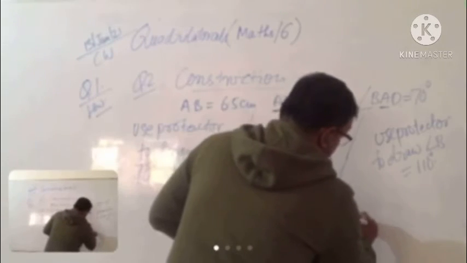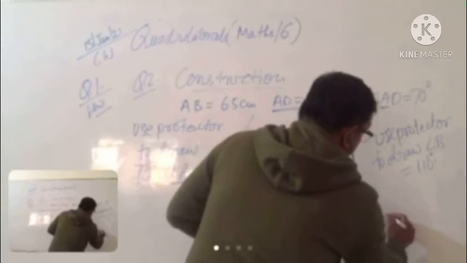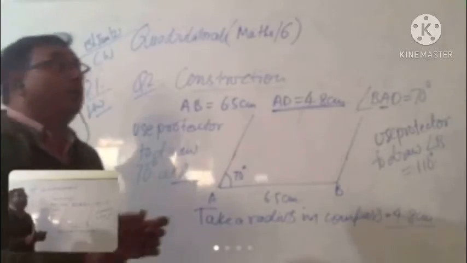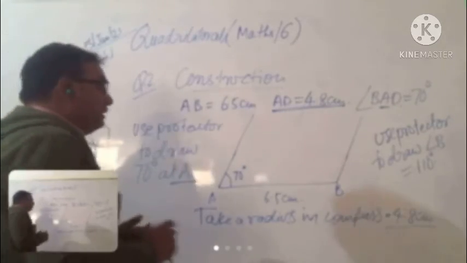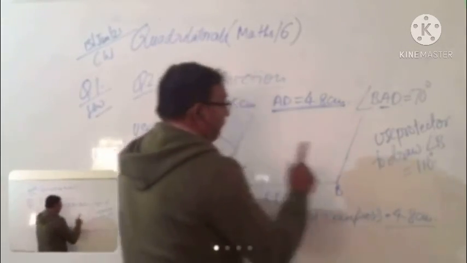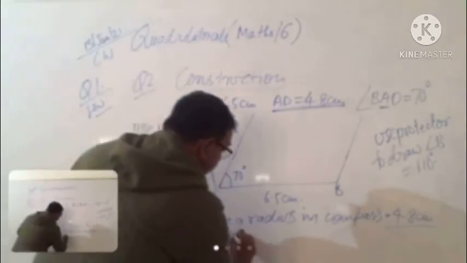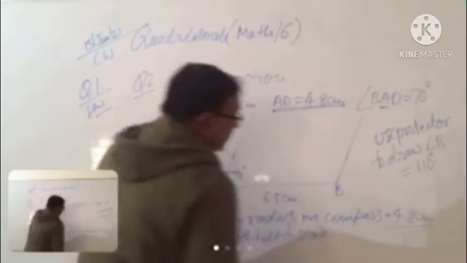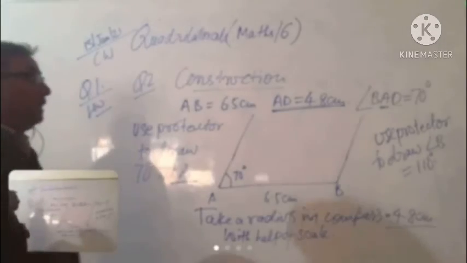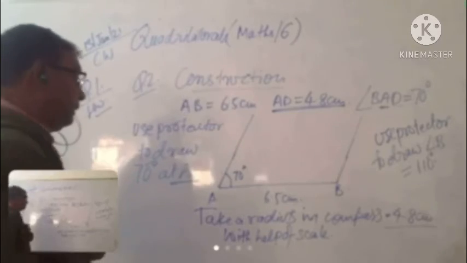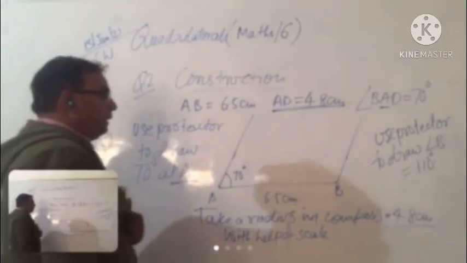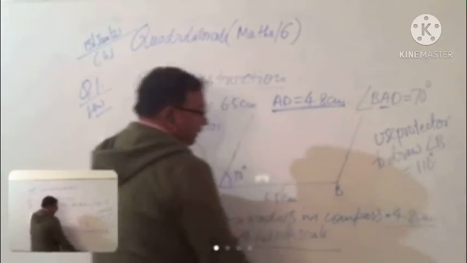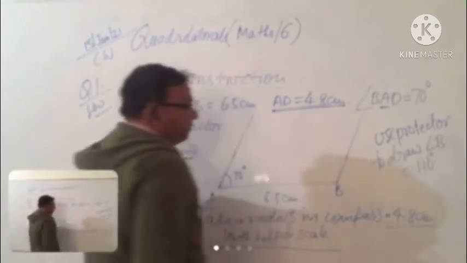Compass is required to draw 4.8, so take a radius of 4.8 in the compass with the help of a scale. Without measurement, construction is not accurate. So now with A as the center, we can place the compass on A and cut AD, that is equal to 4.8.